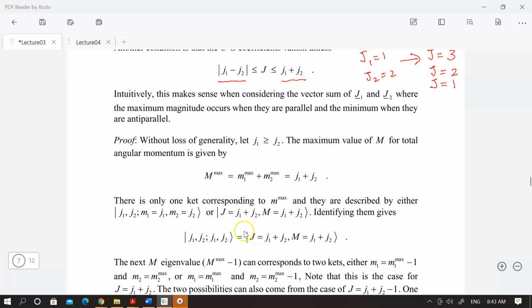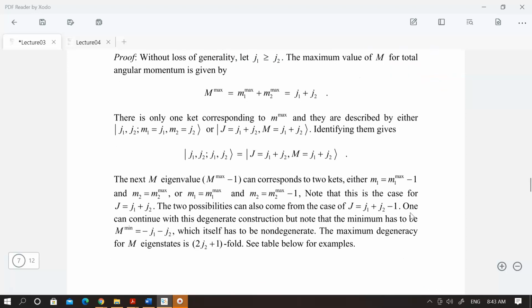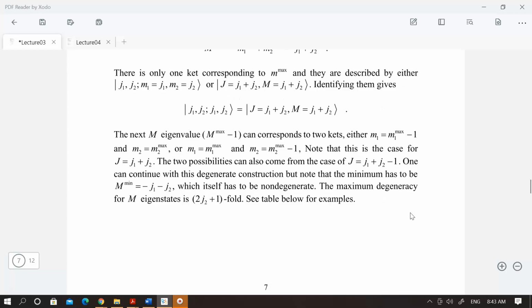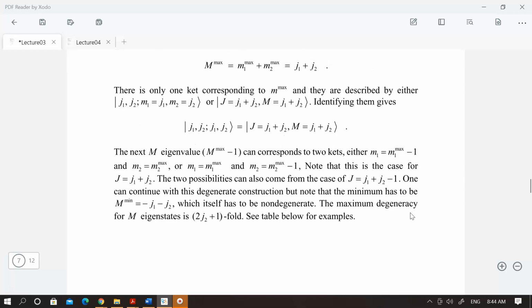Well, actually, it's the other way around. I should say J1 plus J2 is the total J, and M equals J1 plus J2. Let me just make sure that I don't make any more mistakes. Sorry about this.